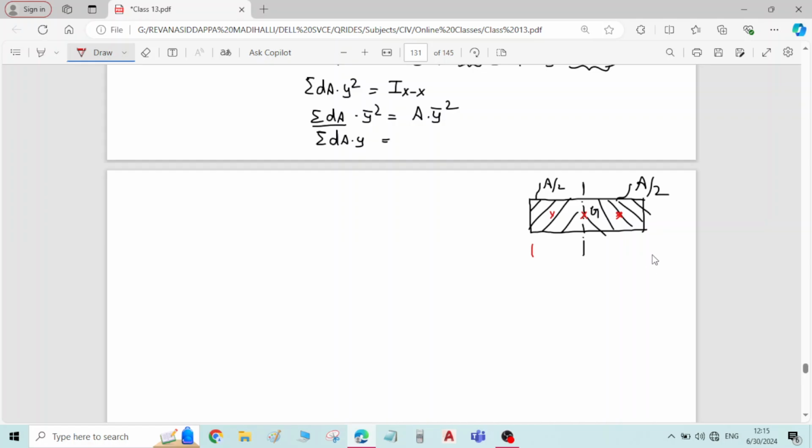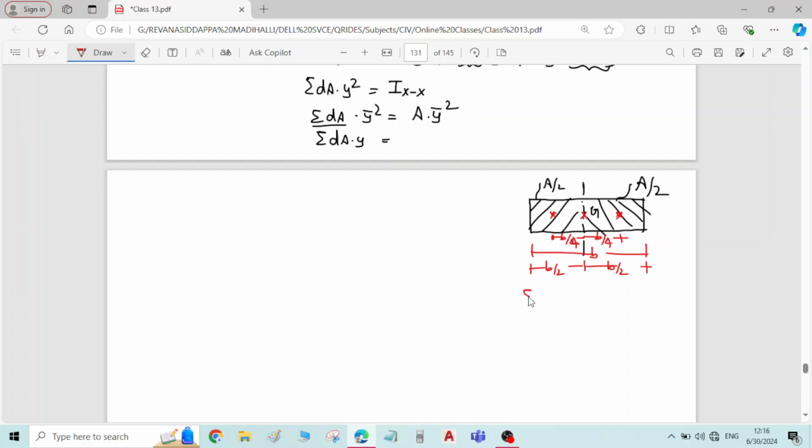If I take the total width of the rectangle as b, this distance will be b by 2 and b by 2, and the distances of the centers of these split rectangles from the center of the whole figure will be b by 4, correct? B by 4 and b by 4.